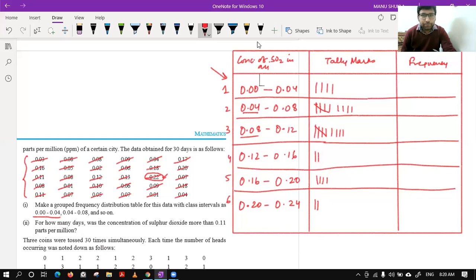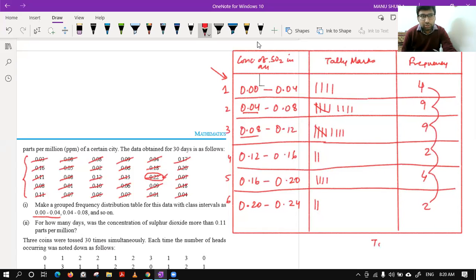So I think we are done. Let's count. This is 4. Frequency is 4. This is 5 plus 4, 9. Then we have this one as 4, this one as 2. Let's count these and tell me what is the value. 4 plus 9, 13, plus 9, 22, 24, 28, 30.